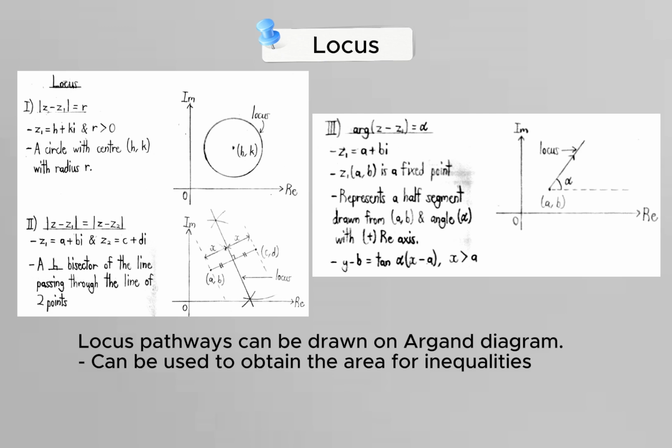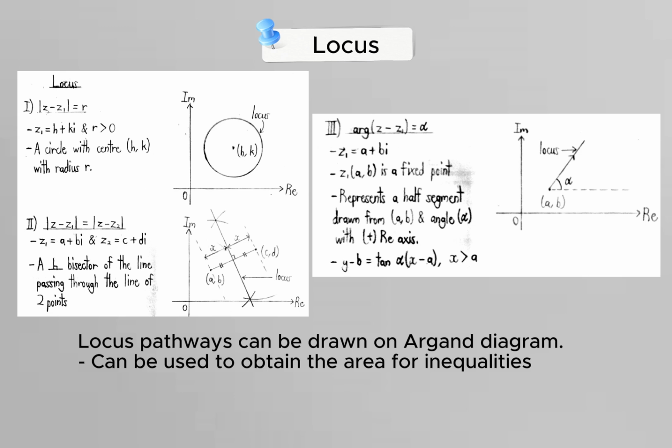The second one, which involves two complex numbers with moduli on both sides of the equation, will give you a perpendicular bisector of the line that passes through the two points. So you can see that this is a perpendicular bisector, and the line drawn is equidistant from both points.